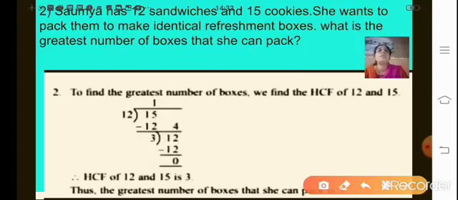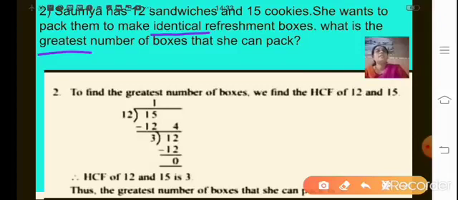Now here, which are the keywords which tell us that you have to find the HCF? The first thing is identical, that means equal. And the second word, that is the greatest number, that is HCF. So this question is an HCF type of question. So to find the greatest number of boxes, we find the HCF of 12 and 15.